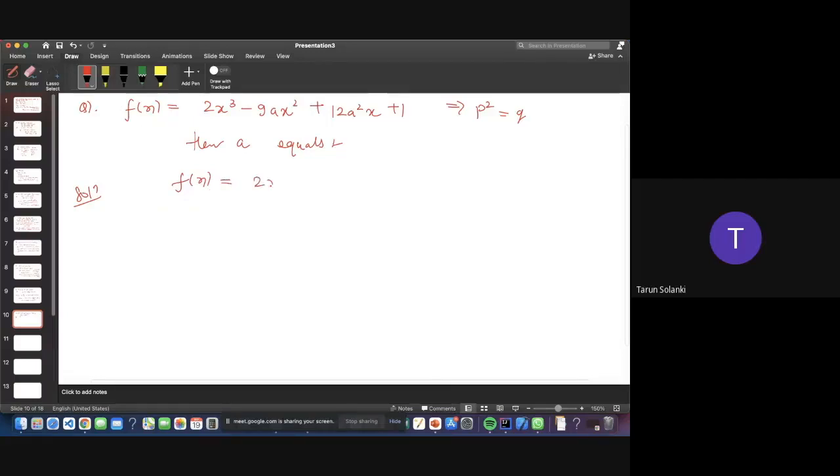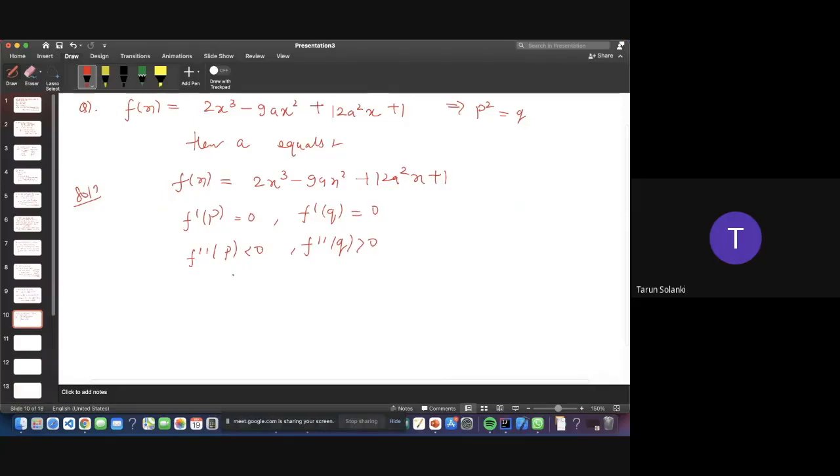f(x) is equal to 2x cube minus 9ax square plus 12a square x plus 1. So f dash p is equal to 0 and f dash q is also equal to 0. It means f double dash p is less than 0 and f double dash q is greater than 0.